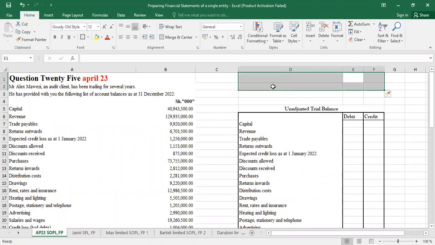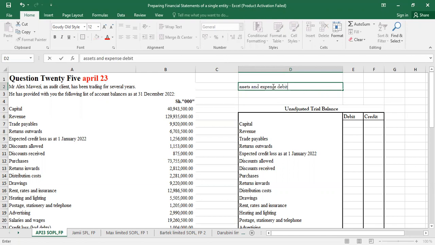So I said assets and expenses will have a debit entry. Then we also said liabilities and incomes will have a credit entry.